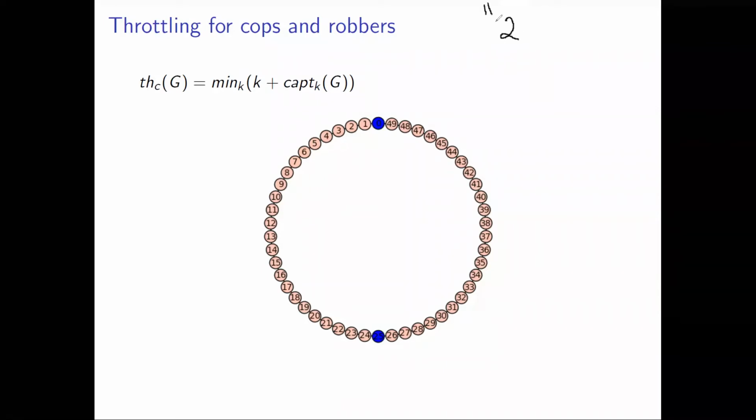So we have the number of cops and the capture time, and with 2 cops, the capture time was approximately n over 4.